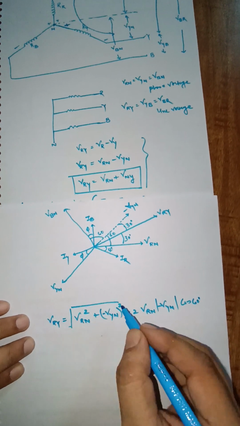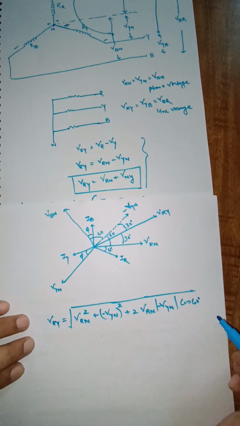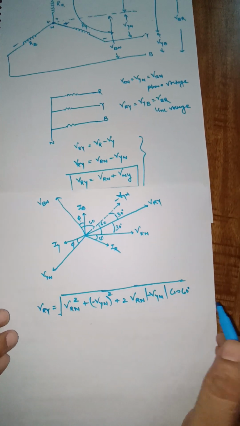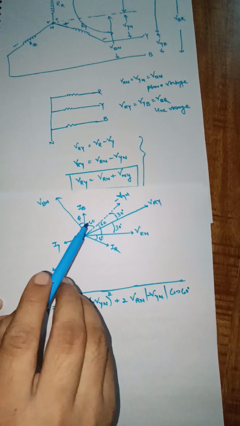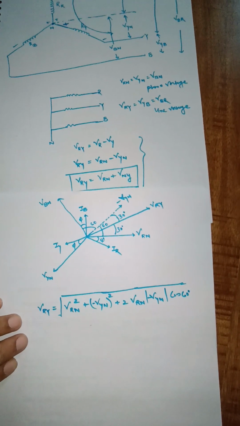This is your parallelogram rule. This angle is considered between VRN and VYN.